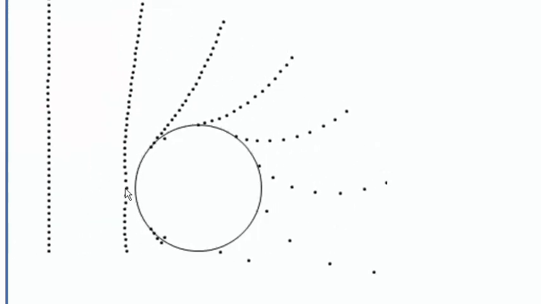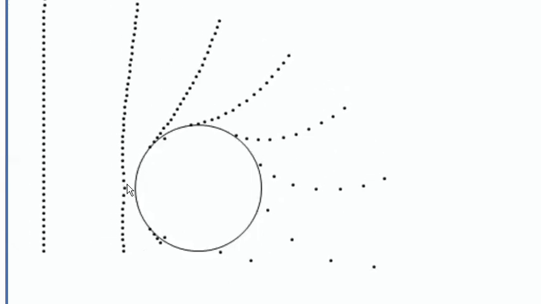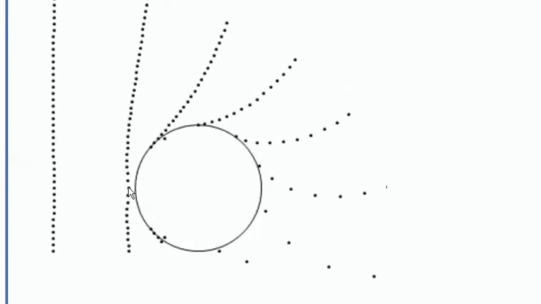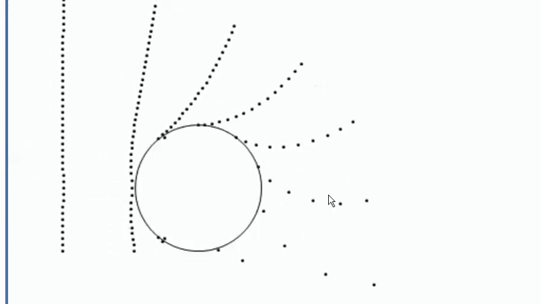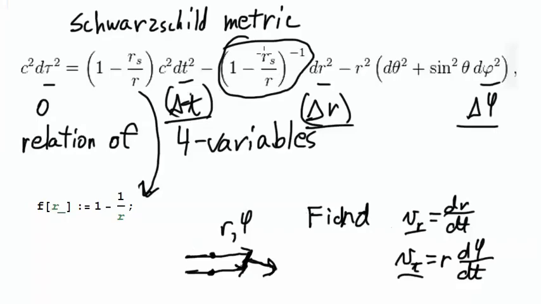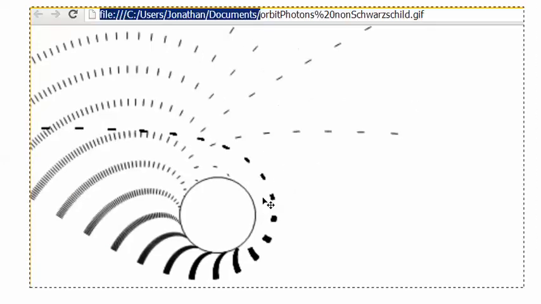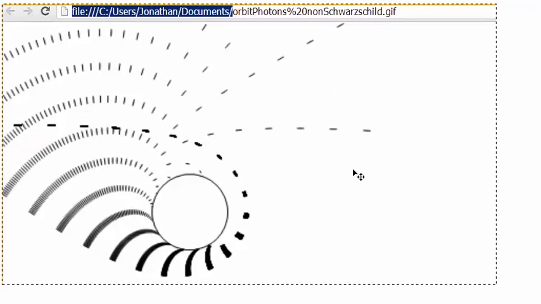You'll see that the photons are actually moving a little bit faster towards the thing, the ones that are coming straight in, than the ones that are going around. So anyway, let's compare what happens depending on whether I leave this term out of the demonstration or leave it in. There is actually a pretty observable effect.